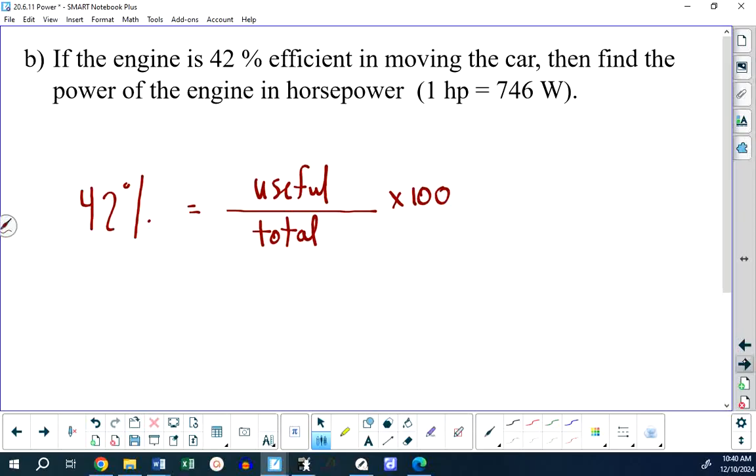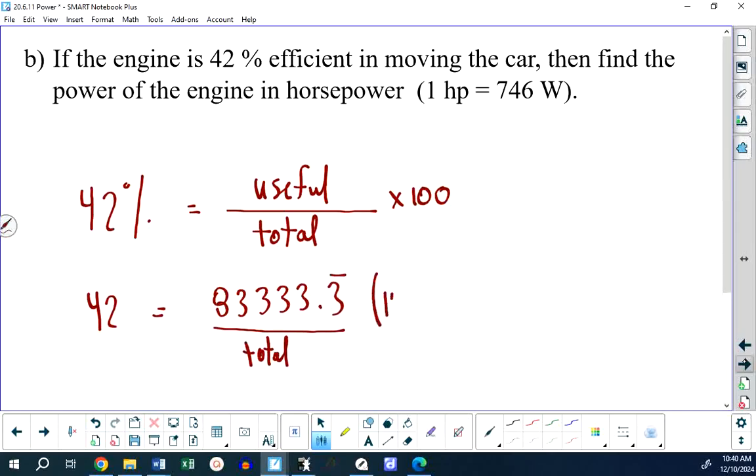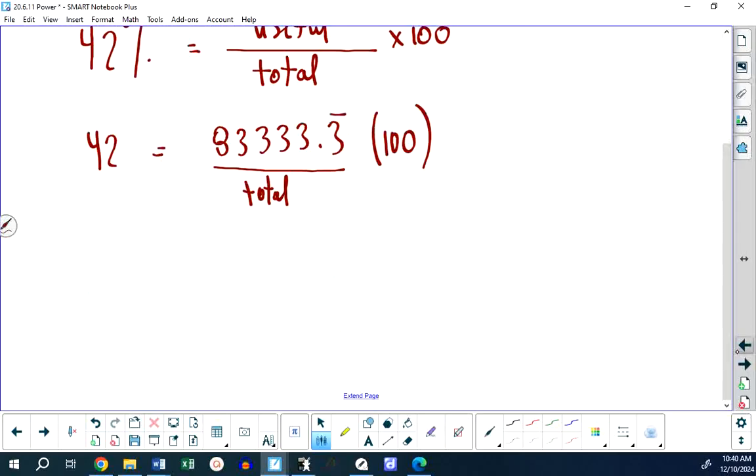We've already calculated that this is 83,333.3 repeating. Was that the right number? So I'm going to cross multiply and get 42% times the total equals 83,333.3 repeating times 100.